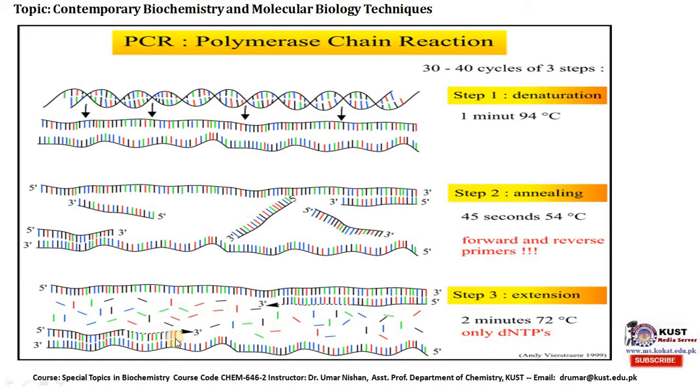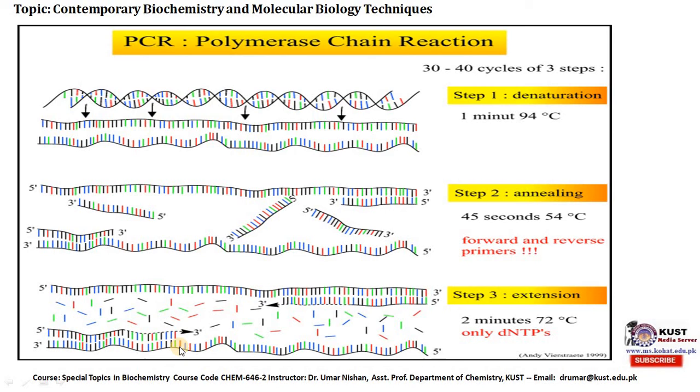It will start to recruit these freely roaming nucleotides. But on what basis will these nucleotides be recruited? It depends on the parent strand. The nucleotides that will be recruited will depend on the sequence of the nucleotides in the parent strand. For example, if here it is A, it will recruit T in the daughter strand.